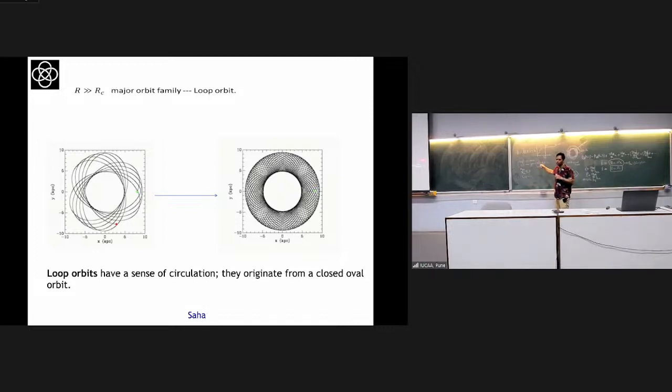What is my aim? Is the aim to see this? The aim is to understand the potential of the galaxy. Don't forget that. The aim is to understand, to measure the potential of the galaxy.